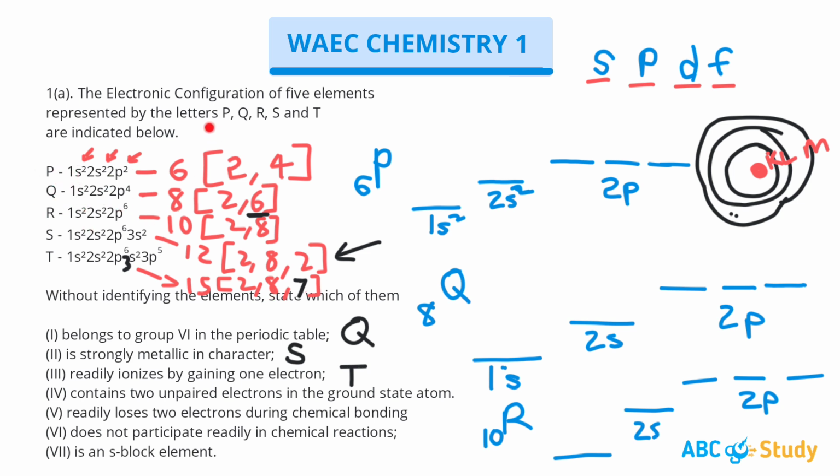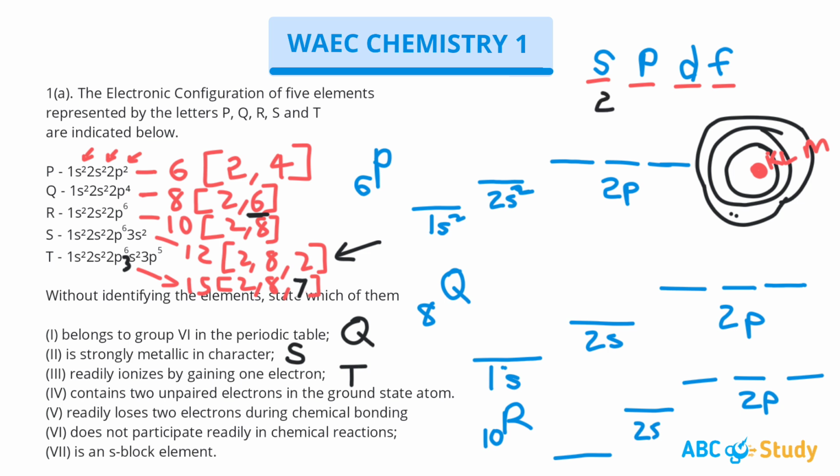To understand the one that contains 2 unpaired electrons in the ground state atom. So that means P, Q, R in this very question is the ground state atom. Starting from the scratch, we have s to contain 1 orbital, and it contains 2 electrons.